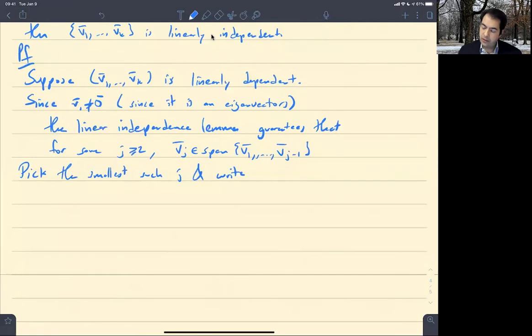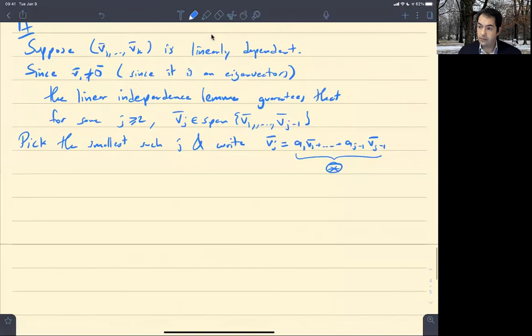And let's write vj equal to a1 v1 up to a j minus 1 vj minus 1. This is going to come up a lot, so I'm going to give this a name. Let's call this whole equality star.